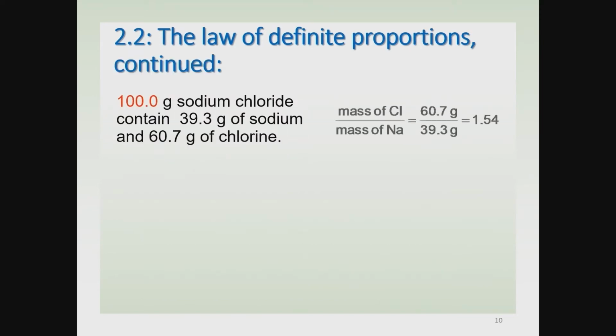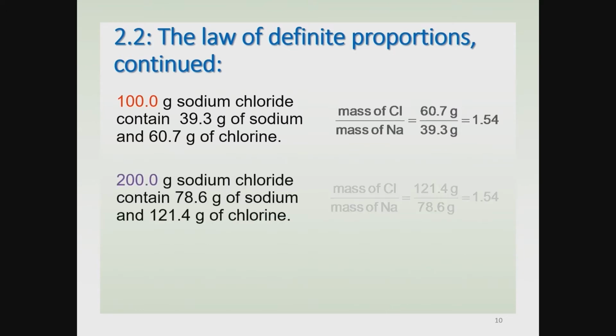So for example, let's say you had 100 grams of sodium chloride and you did an elemental analysis of this sample, and you would find that in the 100 grams of sodium chloride, there are 39.3 grams of sodium and 60.7 grams of chlorine. So when you divide those two numbers, you get that definite proportion of 1.54.